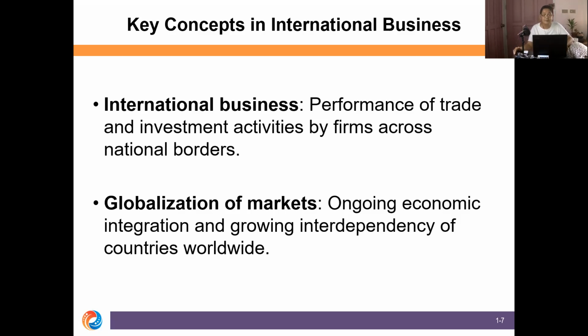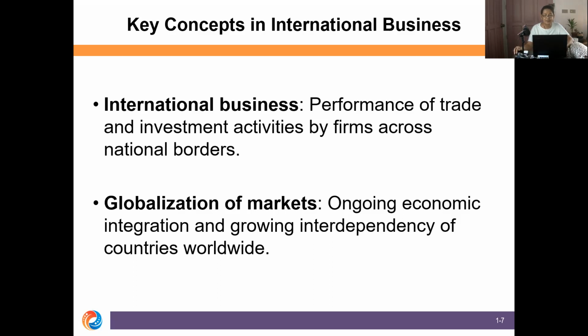Another concept of international business is globalization. The term globalization of markets means there is an ongoing economic integration and growing interdependency of countries worldwide. So it goes like this: globalization is one step higher.